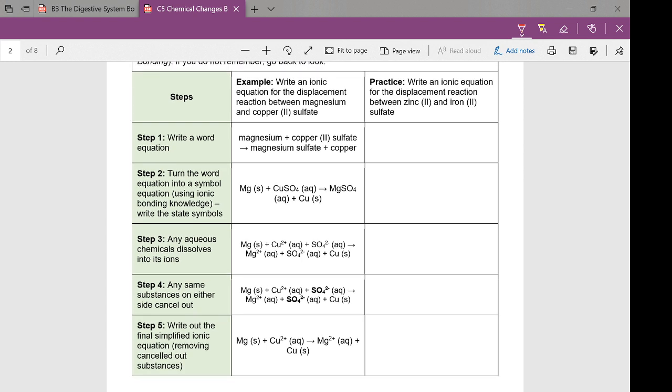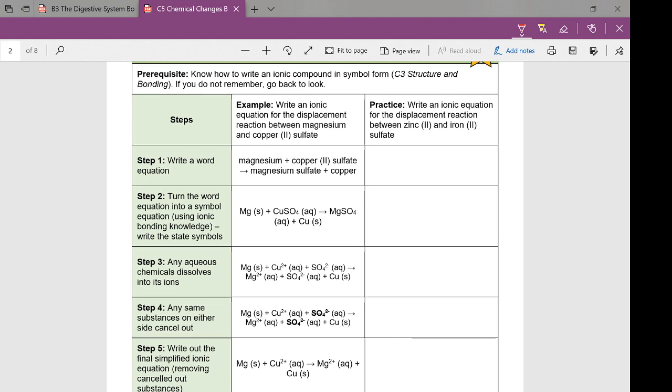So in my example on the left-hand side here, this is generally what an ionic equation looks like, where you actually have the charges shown in the equation rather than just a simple balanced equation. Okay, I'm going to work on this one with you guys, the practice one, but I'm going to also use the example just to show you what I mean.